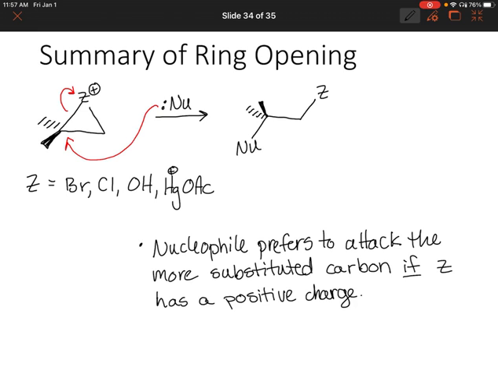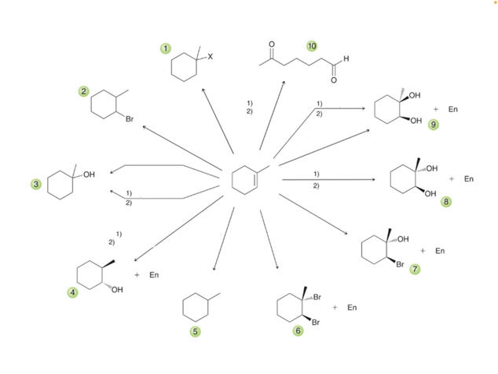Okay, so let's actually wrap up the chapter by looking at our Chapter 8 study guide. And this is actually just a chart that you can find in your textbook at the end of Chapter 8. If you have the second edition of the textbook, it's at the end of Chapter 9. So at the end of your addition reactions chapter.